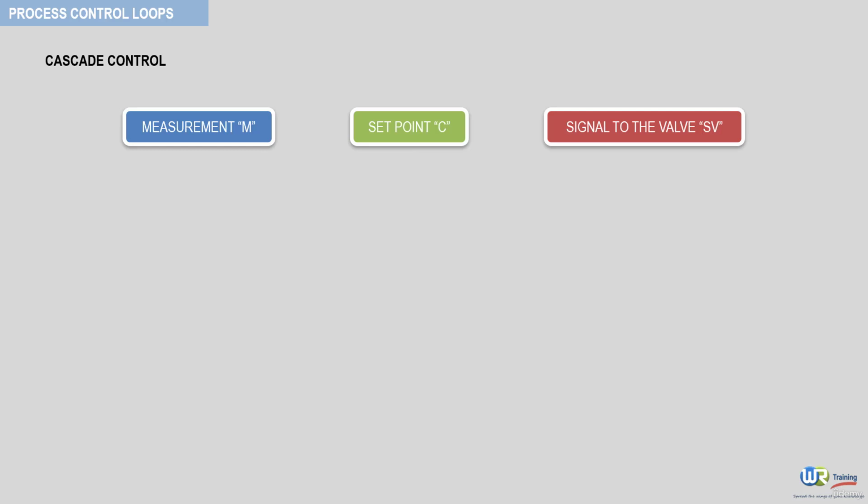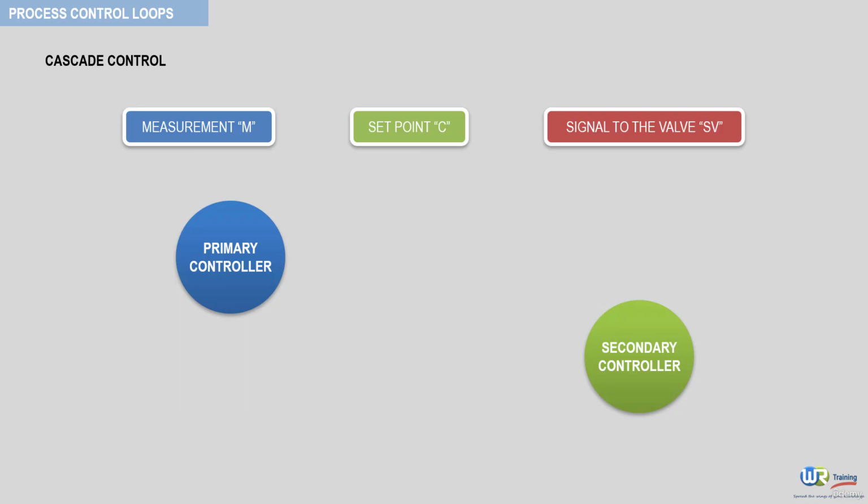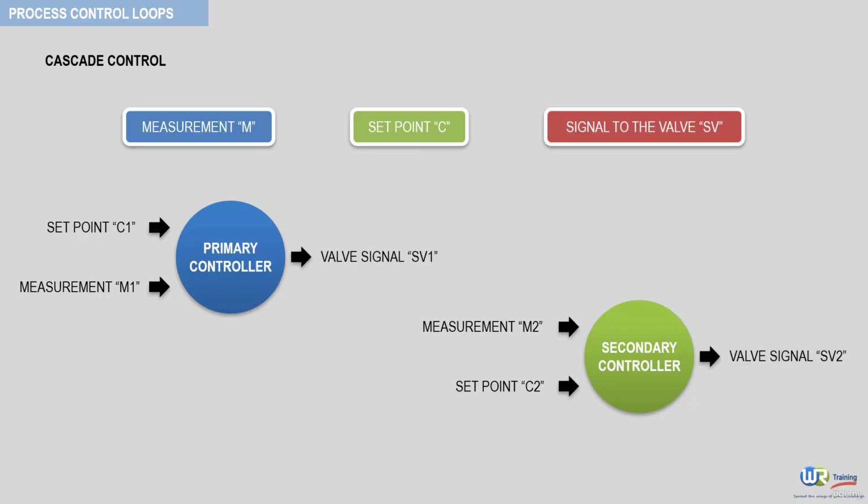A cascade consists, if you recall, of two control loops, the primary loop or the master and the secondary loop or the slave. Each loop is fed with a set point and a measurement of the process variable. Each loop will then compare these two values, then trigger an action or an output signal.